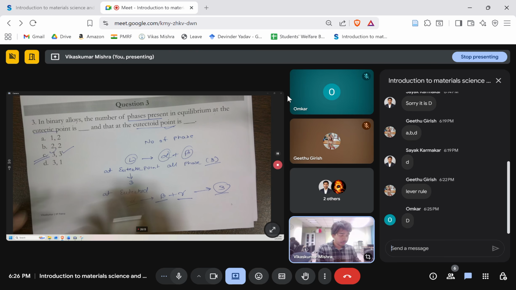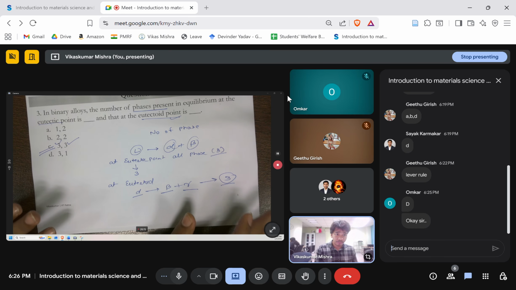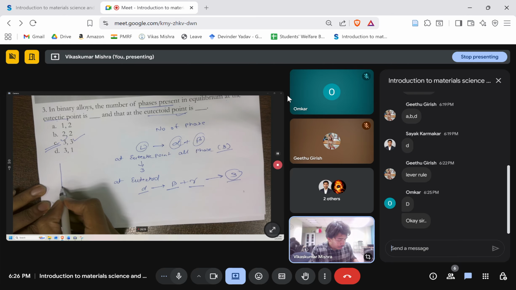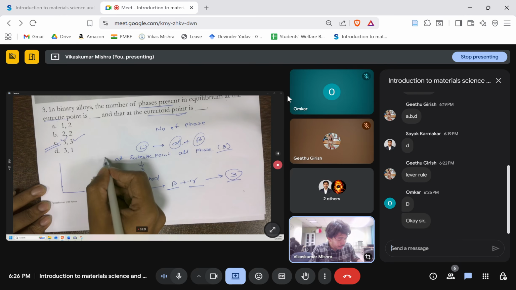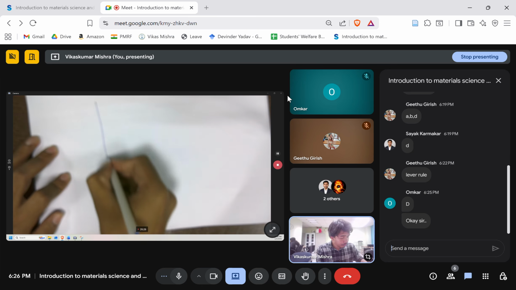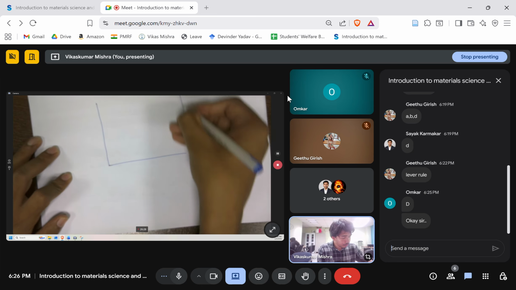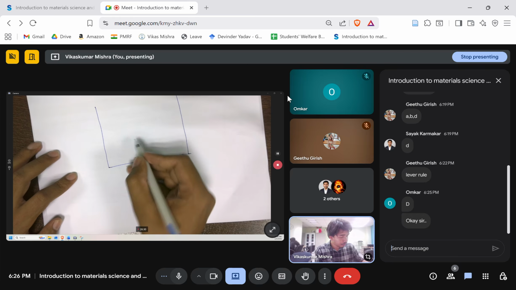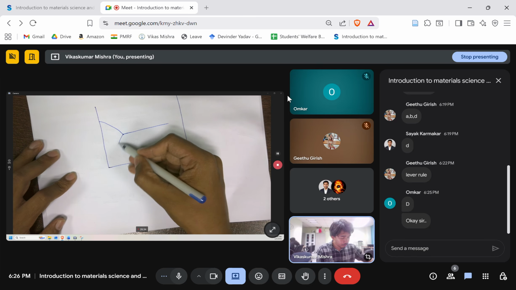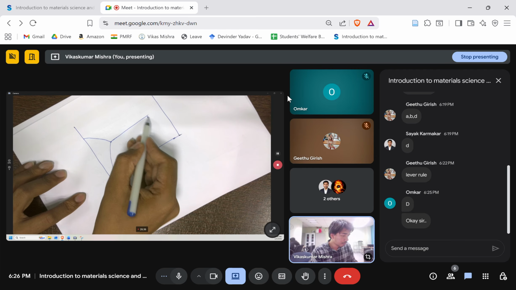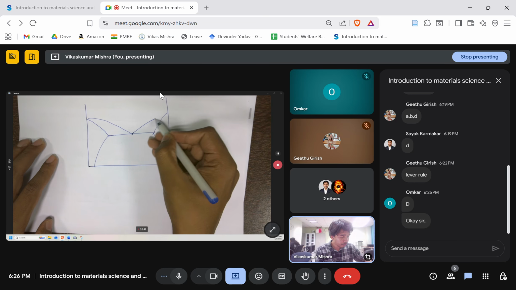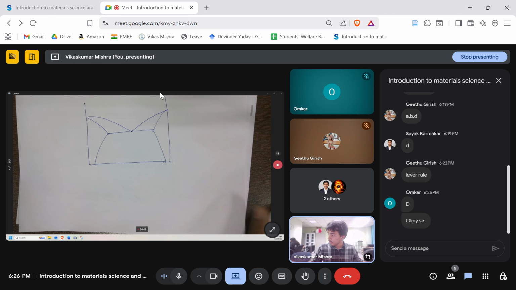First of all, is this clear? Okay, let's have this phase diagram. Now my point will change.